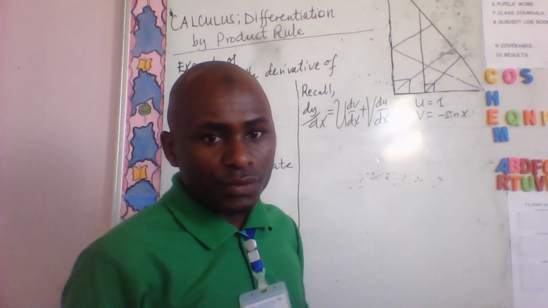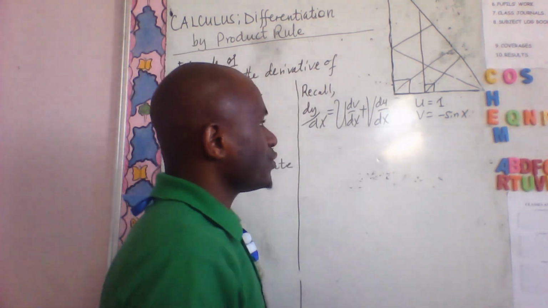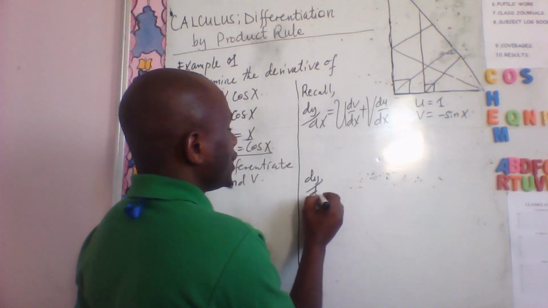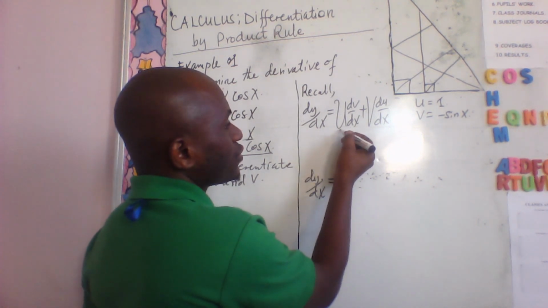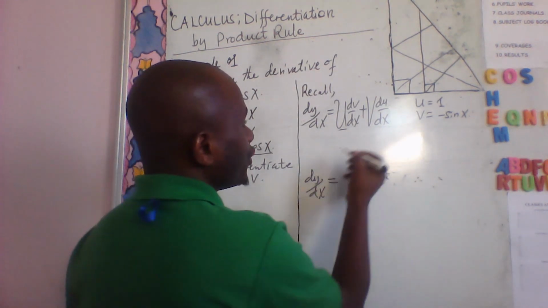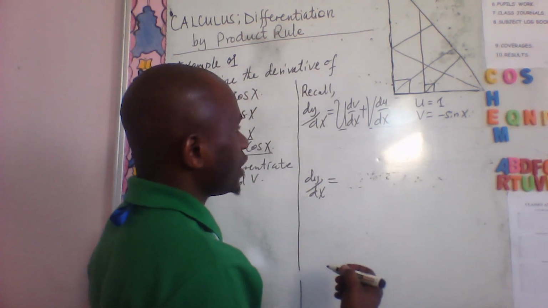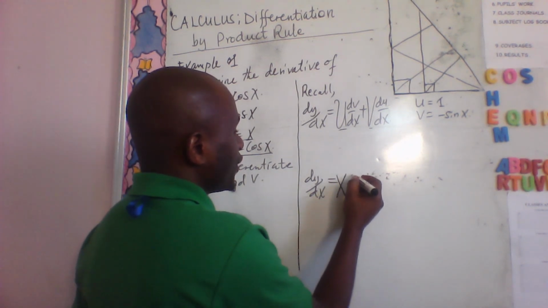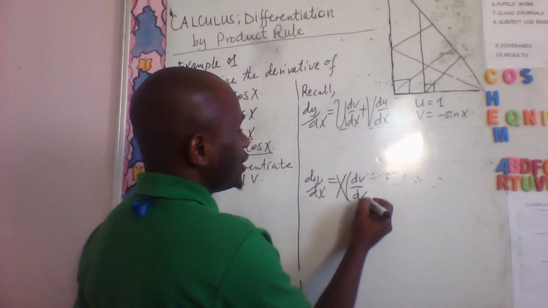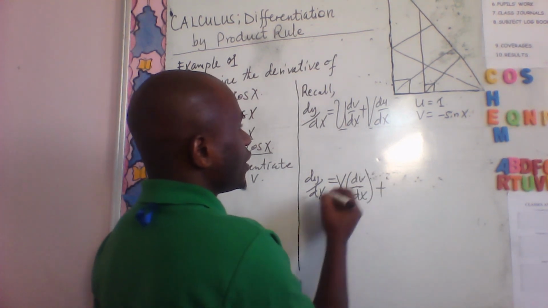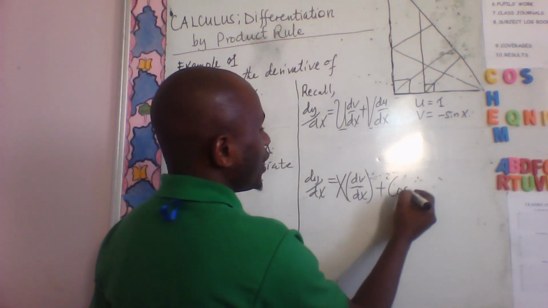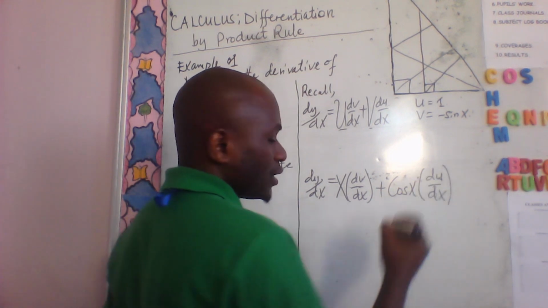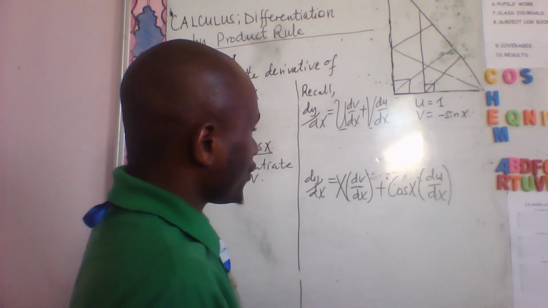This is our formula which we are going to deal with, so we are supposed to be very careful. We place the value of u and the value of v, then multiply with its value. So the value of u here is x, so it becomes x times dv over dx plus the value of v, which is cos x, times du over dx.